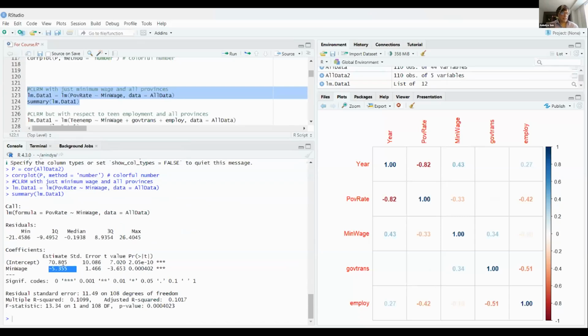Your beta 1 tells you that on average, as the minimum wage goes up by $1, the poverty rate goes down by around 5 percentage points. So that is an effect. But there are a couple of other points you want to take into account. That's not the end of your analytics.